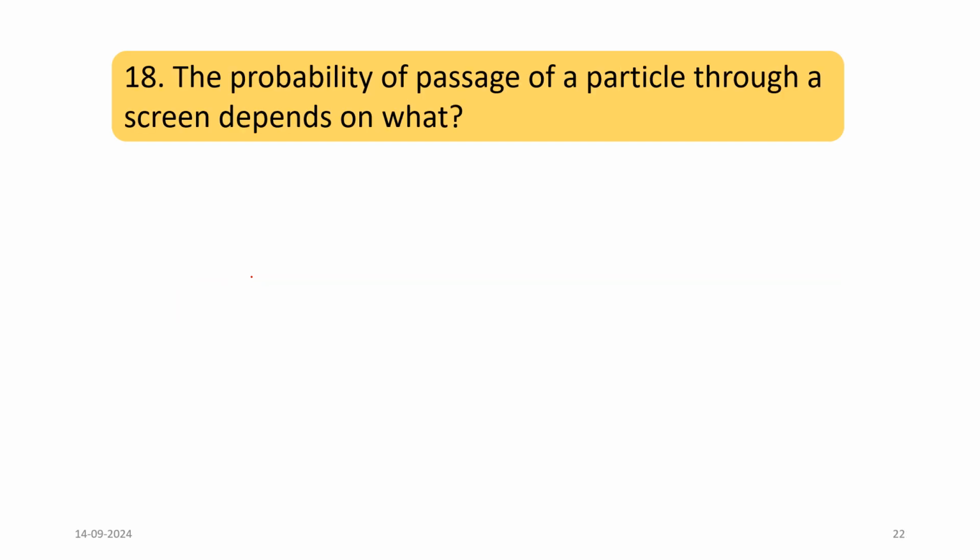Next, the probability of passage of a particle through a screen depends on what? That means a particle will pass through a screen or not, on which factors it will depend.